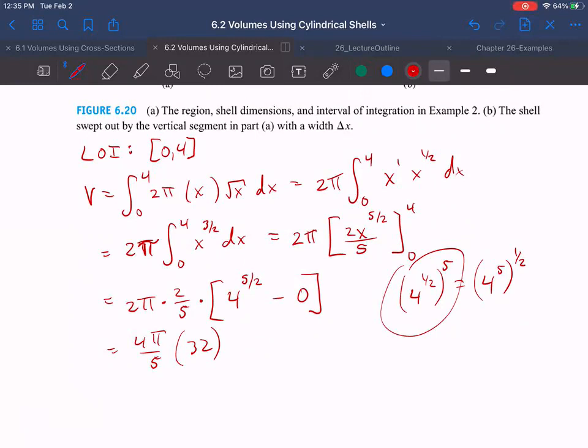Well, what's 4 times 30? 120 plus 4 times 2. 128 pi over 5. Boo-yah. Cool, huh?